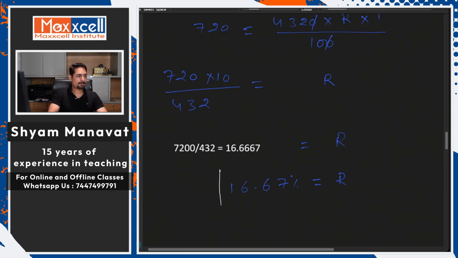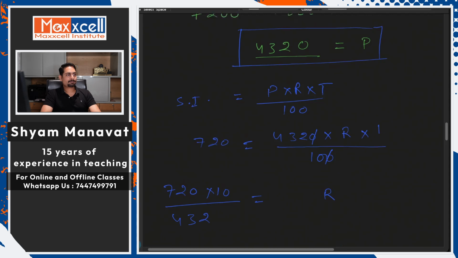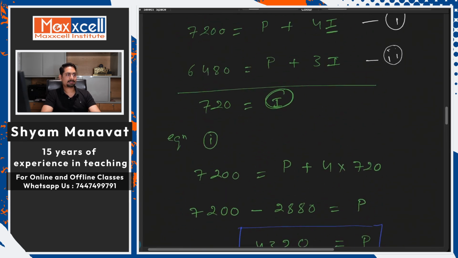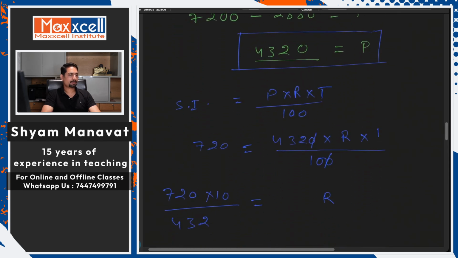That is the rate of interest. Okay, I hope this part is clear. Is this formula clear to you? Simple interest equal to PRT by 100. From where did we get this 720? Here, interest is equal to 720. Then I substituted simple interest 720. Principal we got from this solution, I substituted principal equal to 4320.